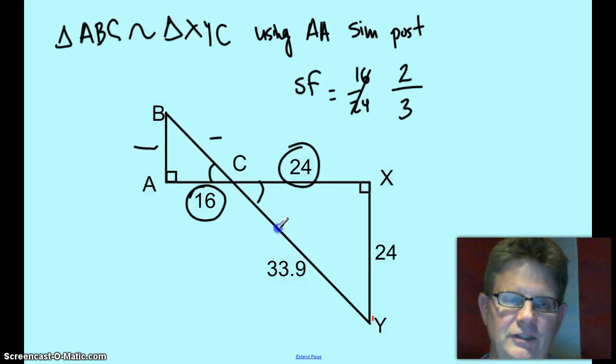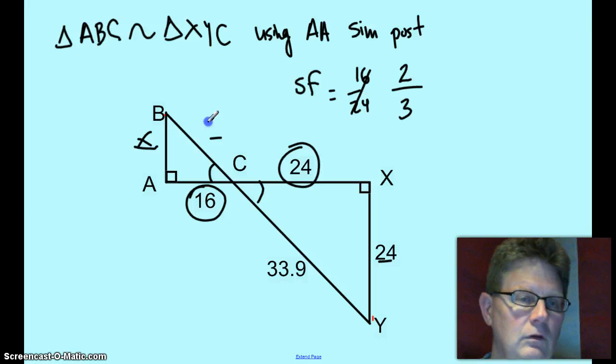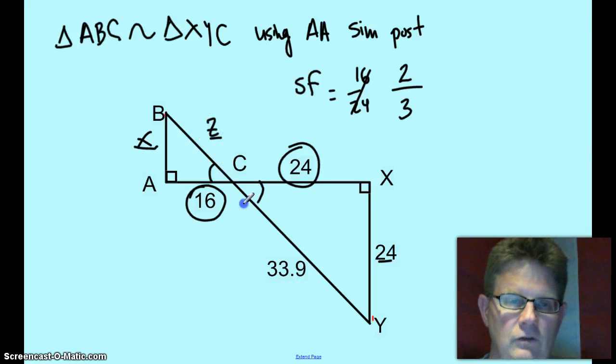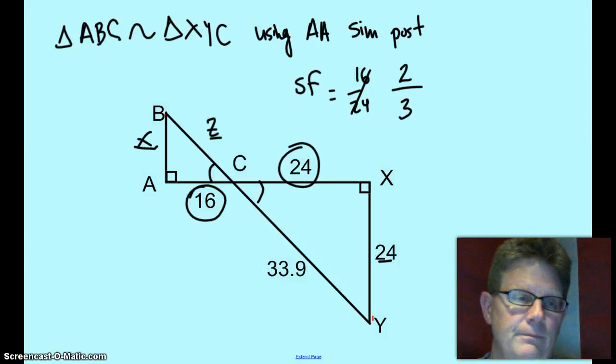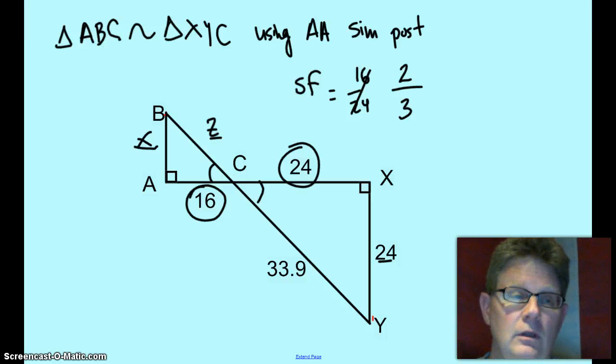Your homework may ask you to do that, so you'll be using 2 to 3 equals X over this 24, and 2 to 3 equals Z, the longest side, the hypotenuse, over that hypotenuse. But I'm not asking you to do that. So that's one way to get triangles similar using the angle-angle similarity postulate.